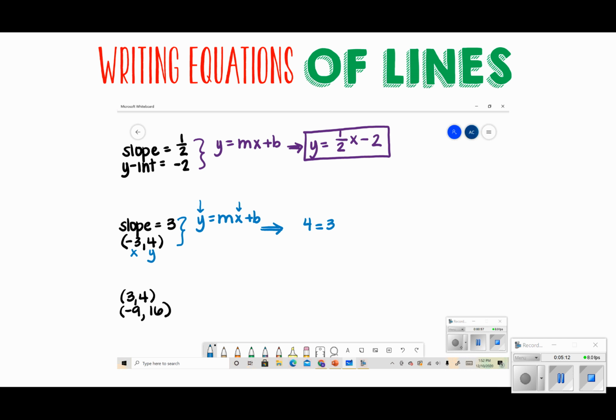So my y is 4, my x is -3, and I'm going to find my b value. So I have 4 equals -9 plus b. Add 9 to both sides. So b equals 13. Do not stop there. We've got to finish writing the equation.